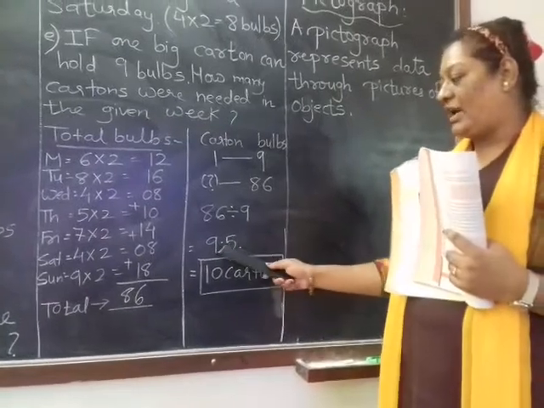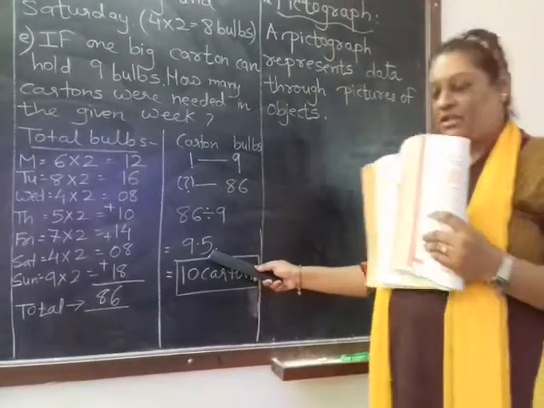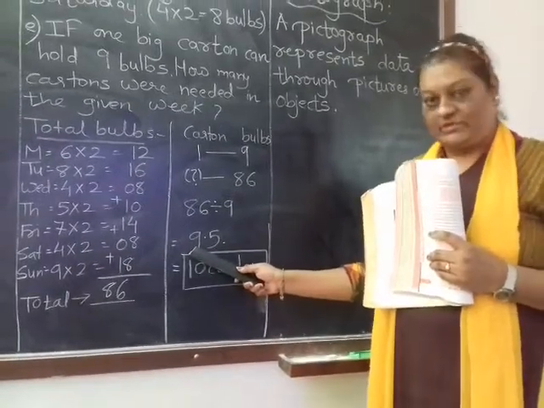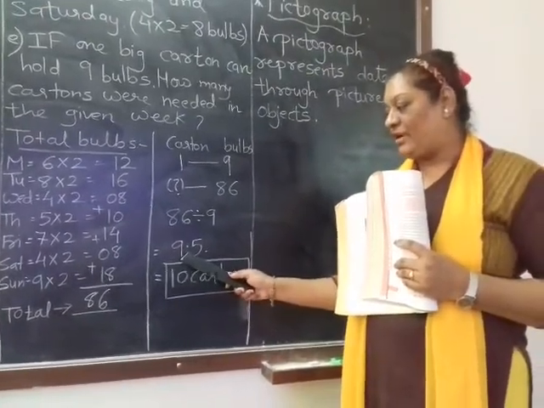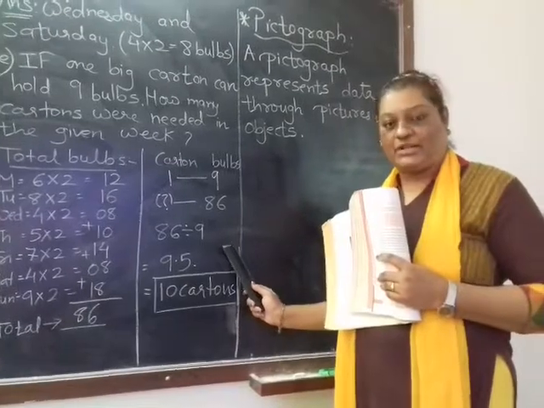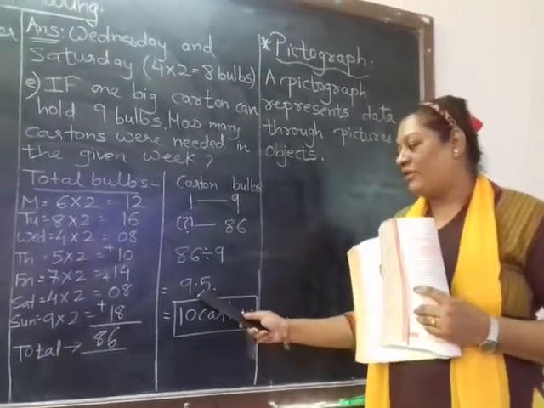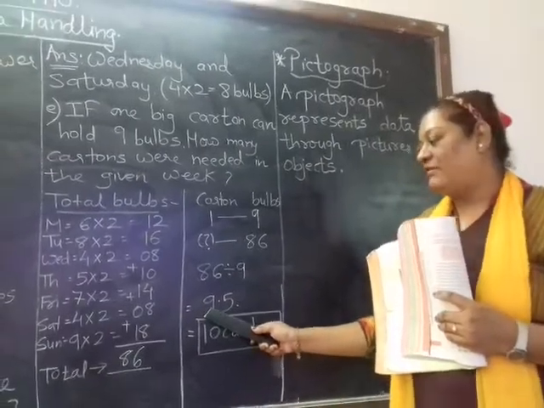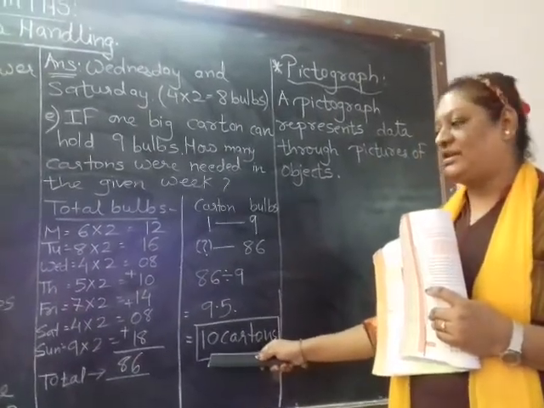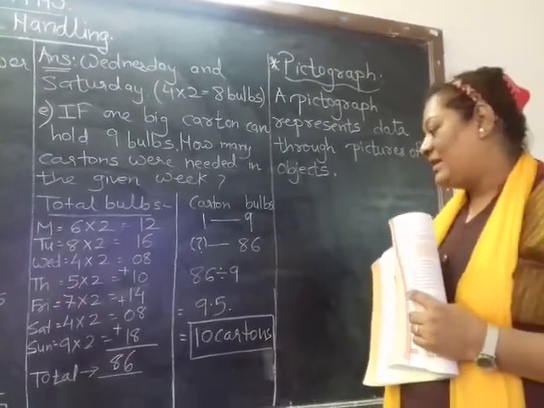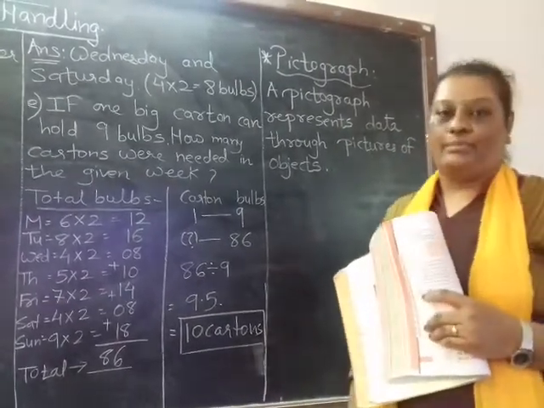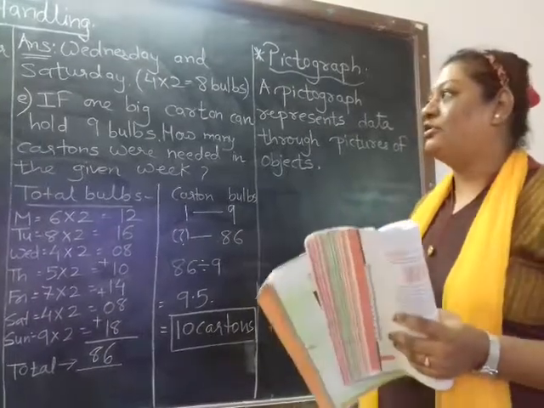So what you will do, after the point I have 5, so you will add 1 to 9. If after the decimal point you have 5 or more than 5, that is 6, 7, 8, 9, in the whole number you will add 1. So 9 plus 1 becomes 10. So a total of 10 cartons were needed to pack 86 bulbs. I hope this is clear to you.